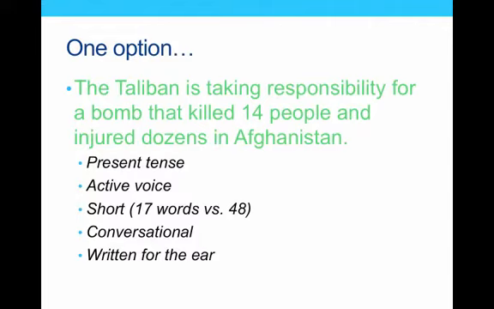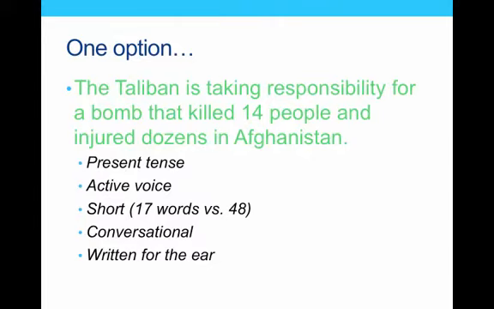So in my broadcast lead, I said the Taliban is taking responsibility for a bomb that killed 14 people and injured dozens in Afghanistan. I think that it was important to know where this happened. I think the fact that people were injured was also relevant, but not necessarily the exact number.